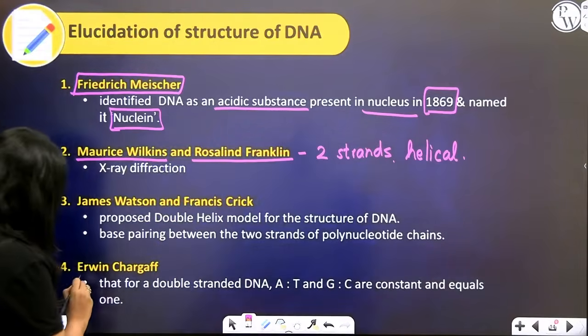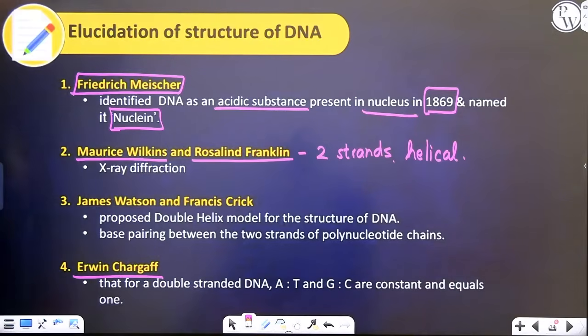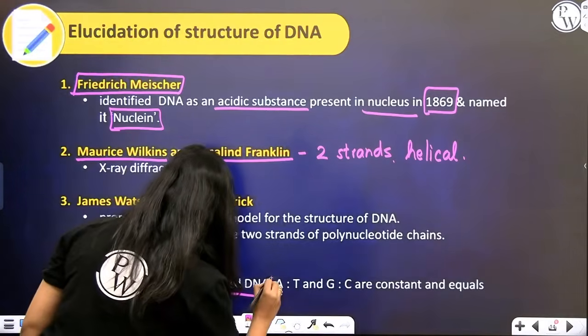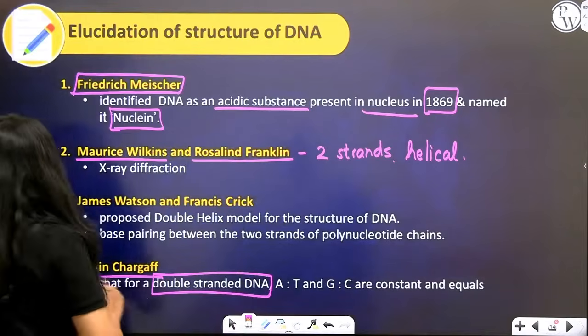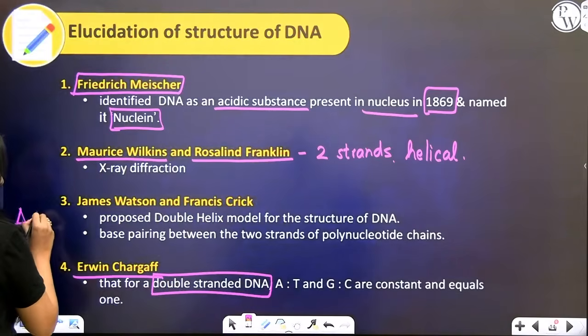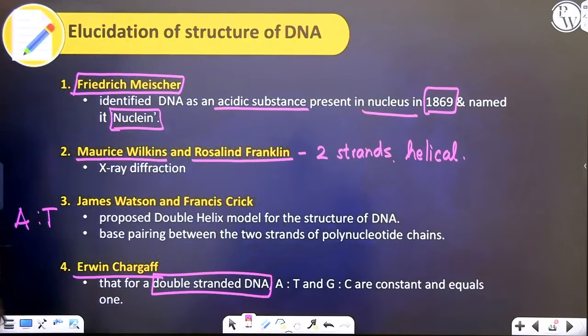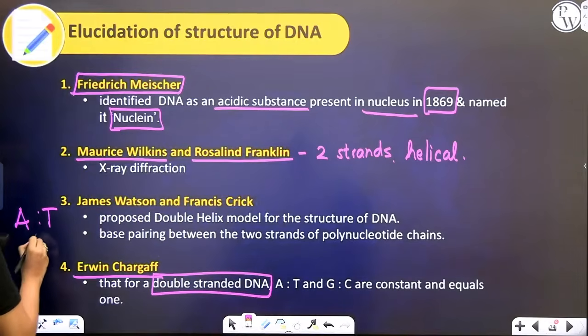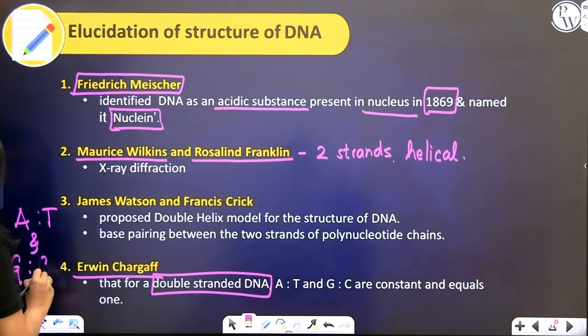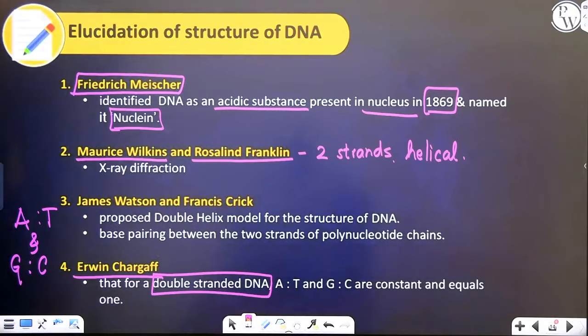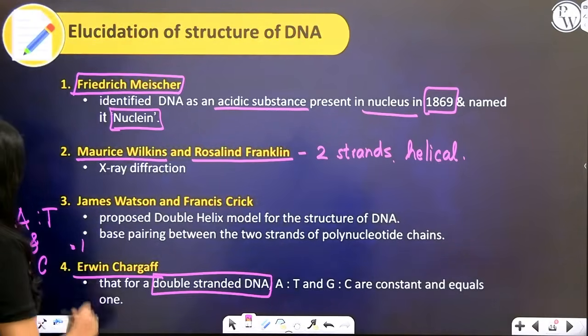Then we have Erwin Chargaff. Erwin Chargaff also studied double-stranded DNA, and he said that in a double-stranded DNA, the adenine to thymine ratio and the guanine to cytosine ratio are constant and equal to 1.